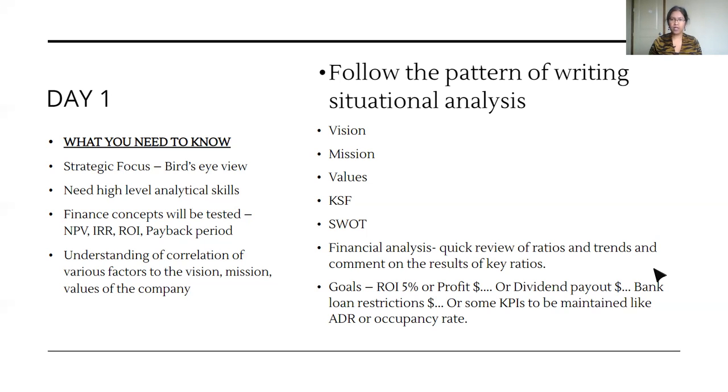Then there is a SWOT analysis: strengths, weaknesses, opportunities, and threats. So what were their strengths? Is it the same? Has anything changed? Maybe their strength was one member from the board of directors, and he has left.